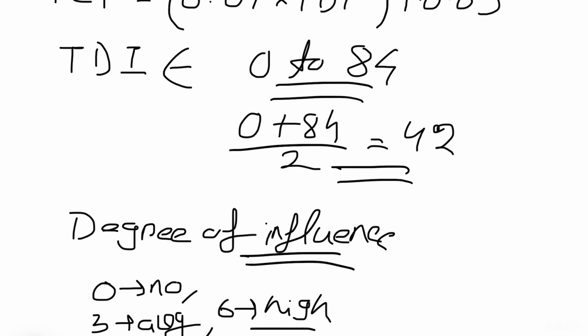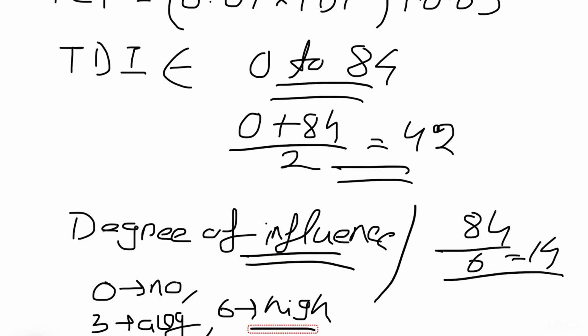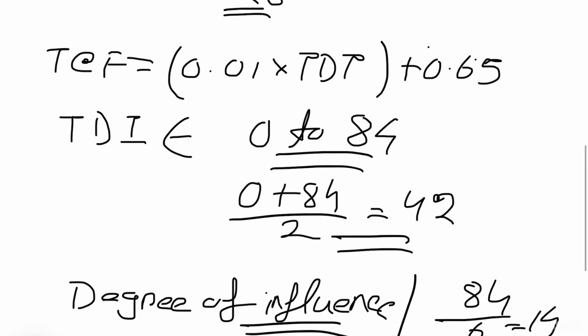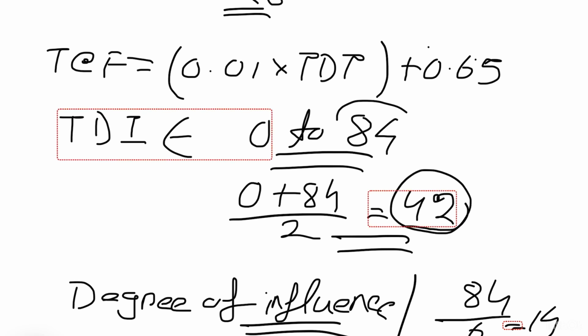If we divide 84 by 6, we get 14. Then simply multiply 3 with 14, and you'll also get 42. But this one seems more reasonable: you just divide 84 by 2 and you get this TDI value.